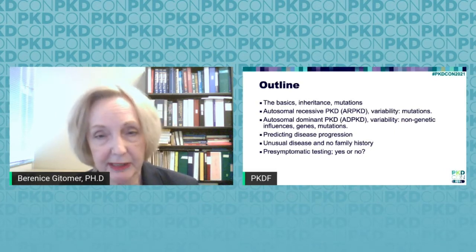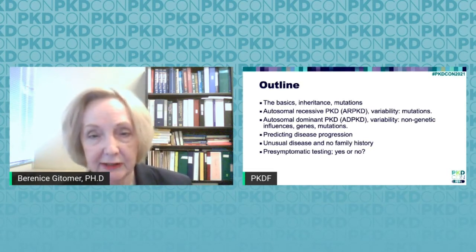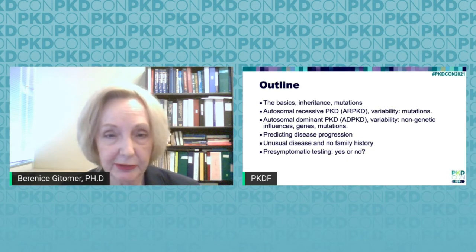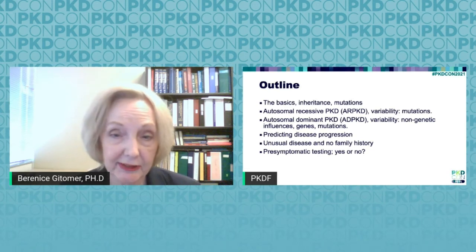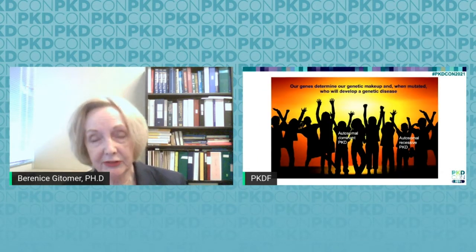I'll also talk about unusual disease and cases where there is no family history of PKD. And I'll close by talking a little bit about pre-symptomatic diagnosis or testing, yes or no. So our genes determine our genetic makeup. And when they're mutated, they also determine who will develop a genetic disease.